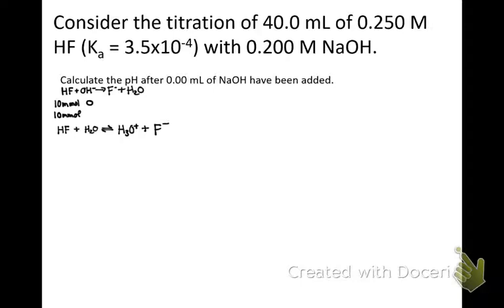And remember, if we want to calculate the pH of a solution of a weak acid, we're going to use an ICE table. And for the ICE table, we want concentration. So we're going to use 0.250 molar. All right, we know that initially we have basically no H3O plus and no F minus. And so we can complete our ICE table.